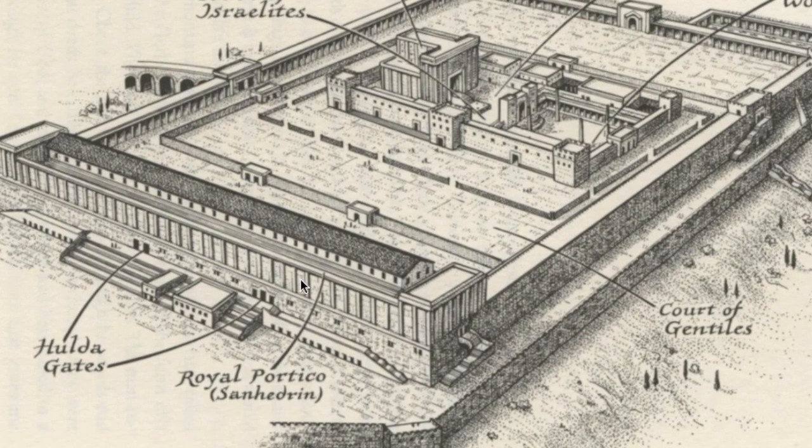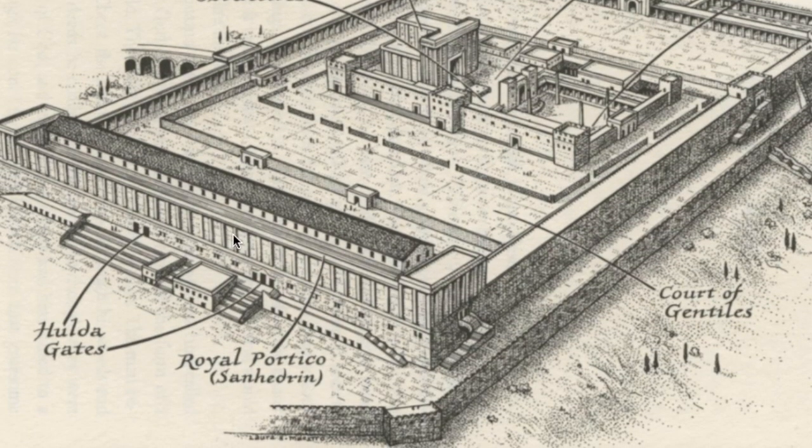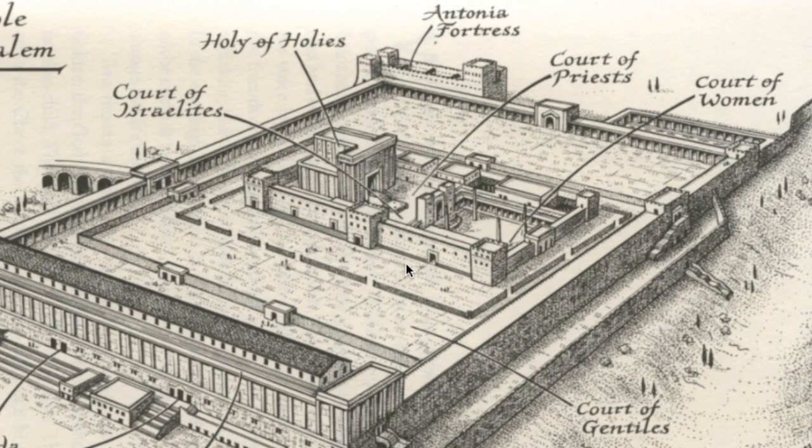You have the Sanhedrin, this autonomous court. And then you have the Holy Temple inside here. Within each layer, it becomes more and more exclusive. Here you have the court of the Gentiles, where non-Jewish people could go. This is about as far as they could go. Then you have the court of the Israelites, the court of women.